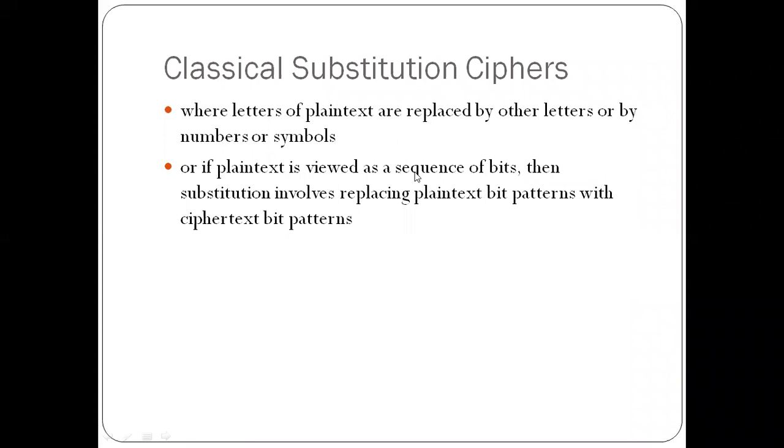Now coming to the next one, classical substitution ciphers, where letters of plain text are replaced by other letters or by numbers or symbols.